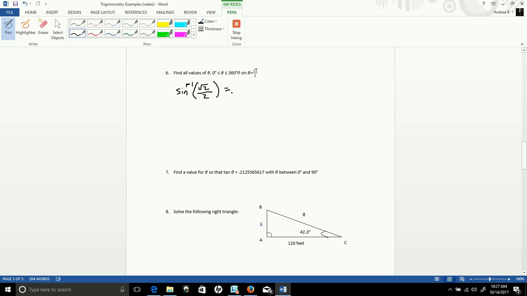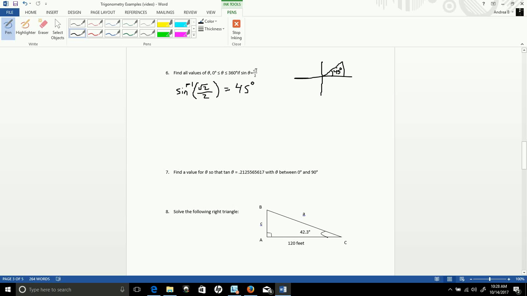So if you do the inverse sine of square root of 2 over 2, here you should get a 45-degree angle. So that'll give us one of our angles there. And that would be what's considered the reference angle. So if we're thinking of it on a graph, we would have our 45-degree angle right in here.